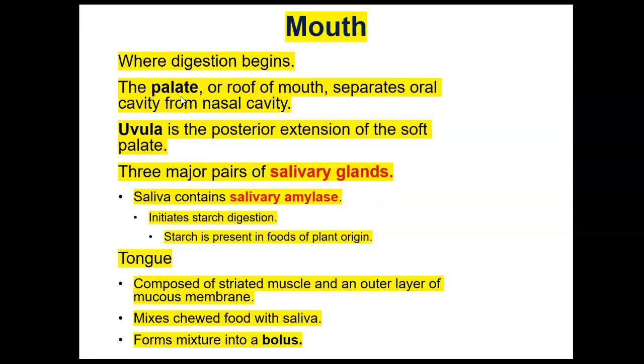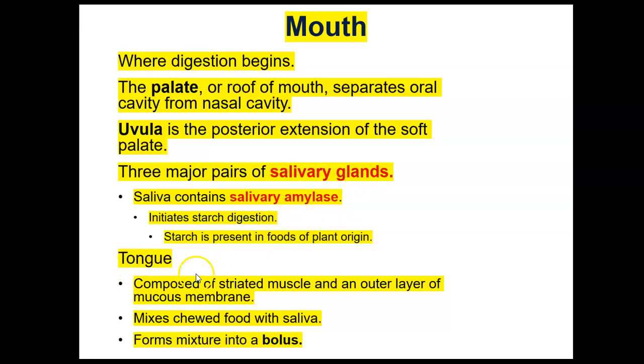The palate separates the oral cavity from the nasal cavity. And the uvula is the posterior extension of the soft palate, extending into the opening of your pharynx or your throat. There are 3 major pairs of salivary glands, and saliva does contain the enzyme salivary amylase.